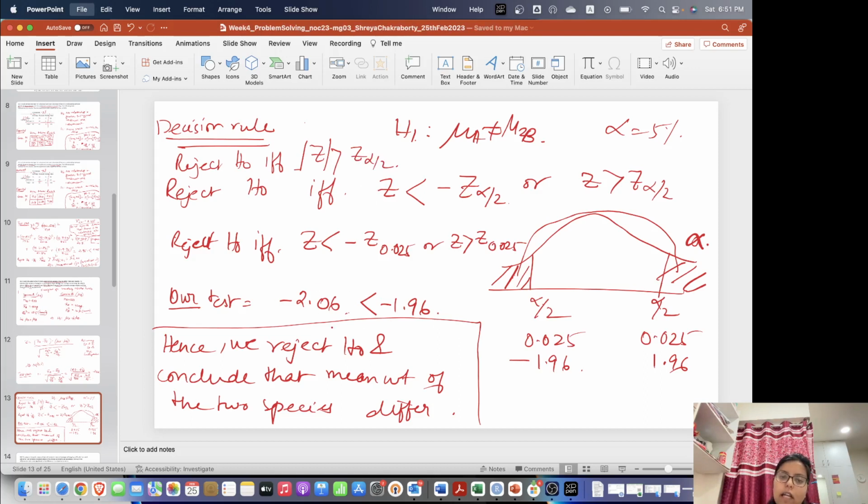So if we take the modulus, then 2.06 is greater than 1.96. Thus, we are rejecting H naught and concluding that the mean weights of the two species differ. Is it okay? Shall I move on to the next one?